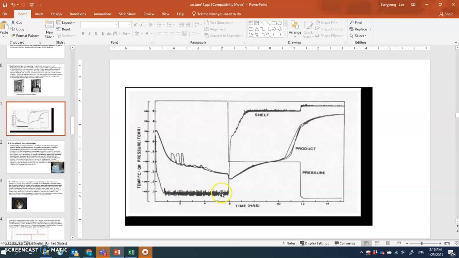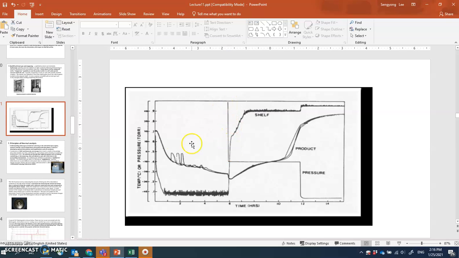That's freezing, right? And then after freezing is done, you will heat up during your primary and secondary drying. That's how you can establish the higher vapor pressure, right? So that's the shelf temperature change. And then is this the pressure change? Yes.